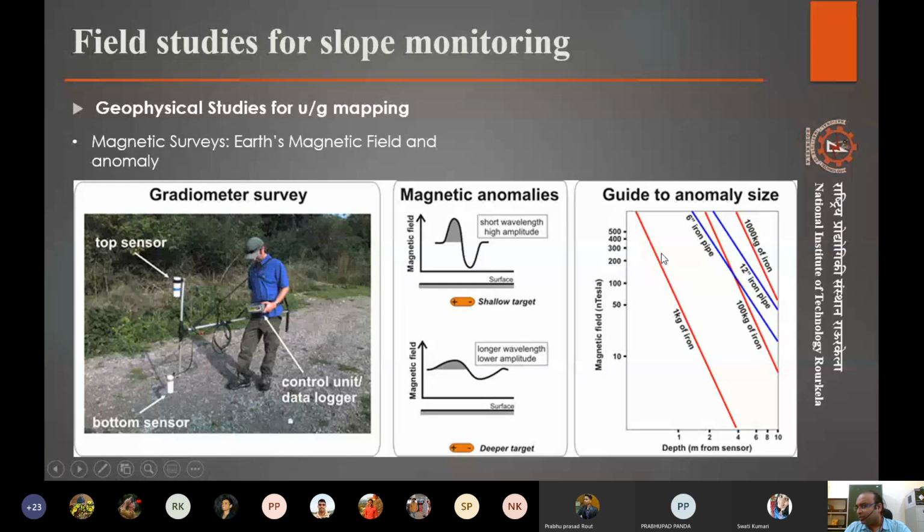So some results or some idea you can get from the chart on the right side. The magnetic field anomaly is there, if there is any change in the magnetic field. And with respect to depth, you can actually see how it affects.